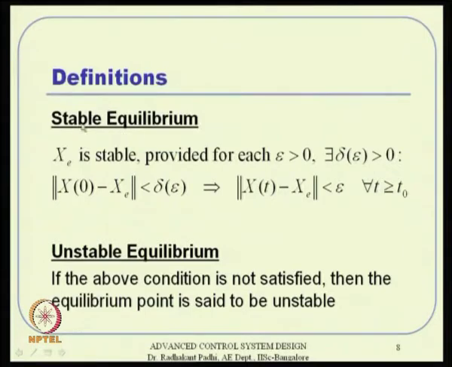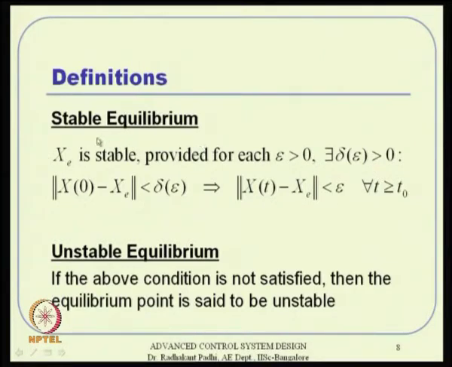First is what you mean by a stable equilibrium. Unlike linear systems, by stability we do not mean universal stability. It is not just a unique definition; there are various definitions, and the first definition you see here is the weakest notion.